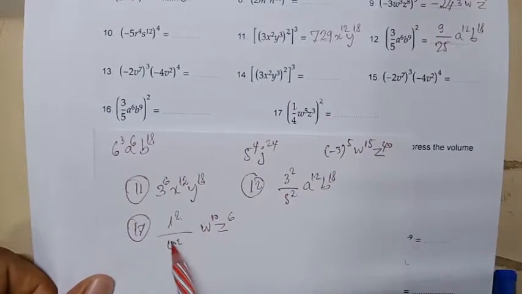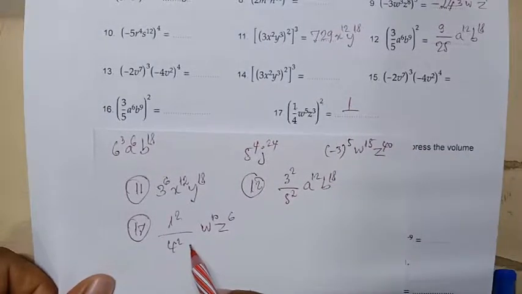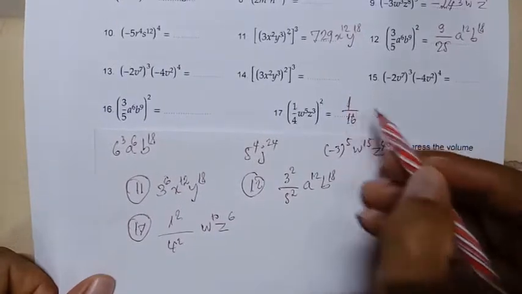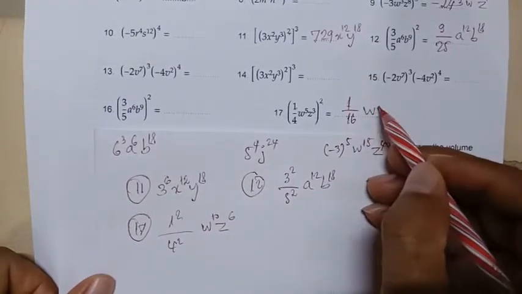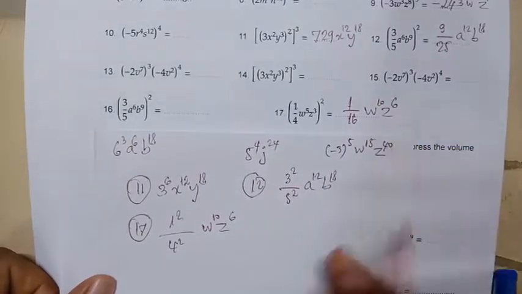So 1 squared is 1, 4 squared is 16, and then w to the 10, z to the 6.